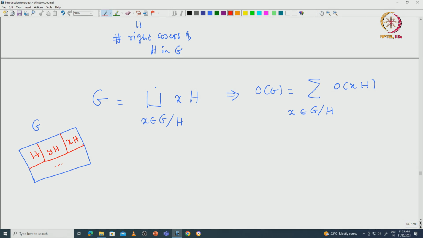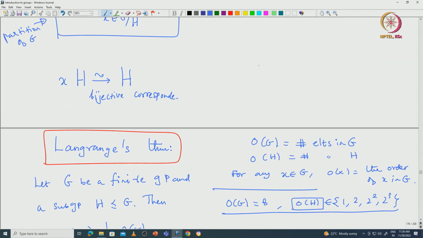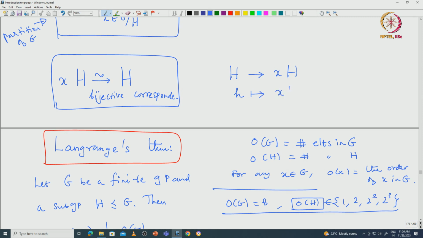So, if you want to count the elements inside the entire G, then you have to count the elements in H, yH, xH and so on. That is what this equation is telling you. Now, the order of G is the summation of the orders of xH, but we already have a bijective correspondence between xH and H. For example, you can define a map from H to xH that sends h to xh.